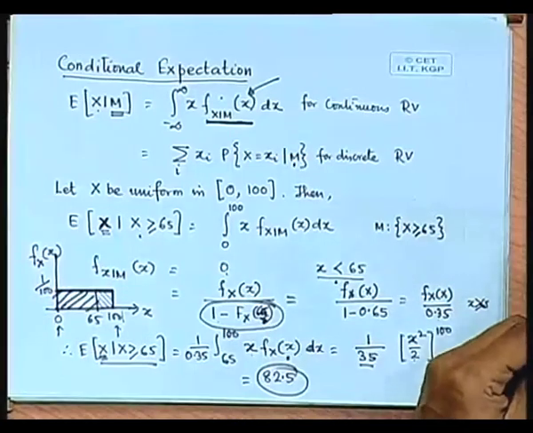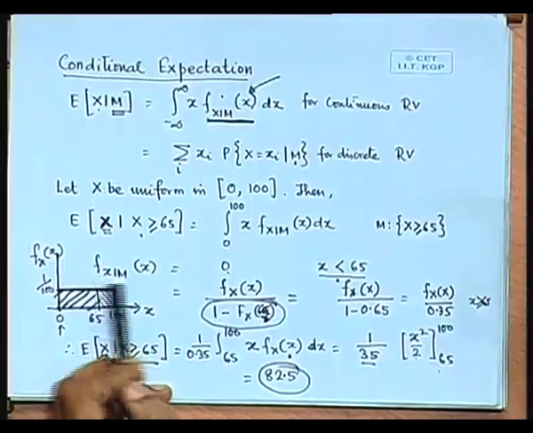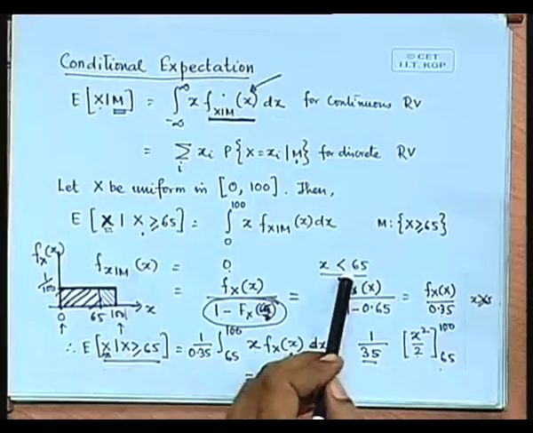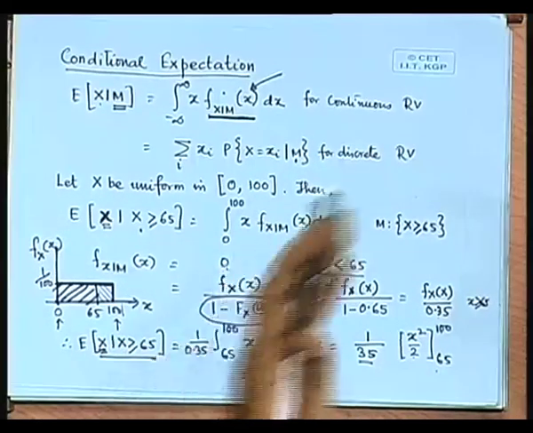Now, what is the conditional density function given the fact that, let us say, x is greater than 65? In that case, since it is given that x is greater than 65, f of x when x is less than 65 is 0, because we cannot choose any person whose age is less than 65.